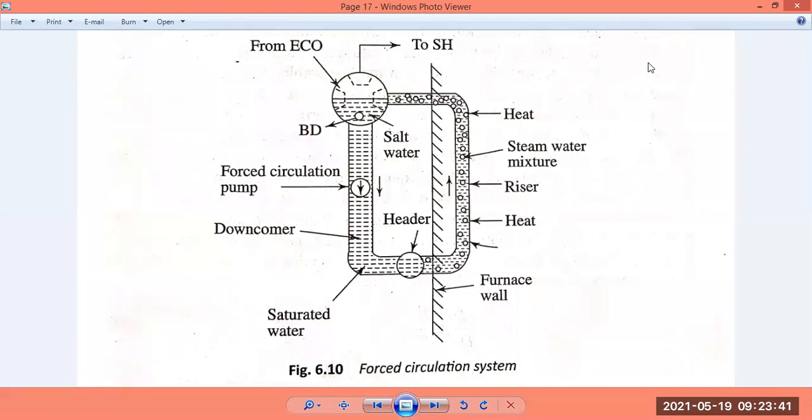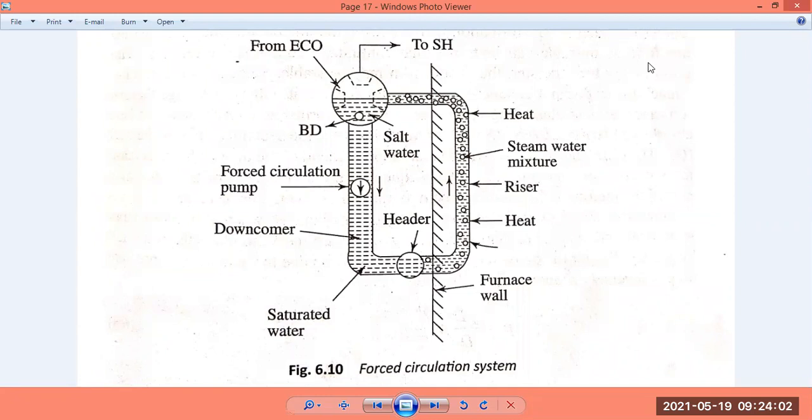It may so happen that after prolonged heating from the furnace, the melting point of the metal is exceeded. Then all these tubes will leak, and it requires shutdown of the plant and costly and time-consuming replacement of this pipe wall itself.